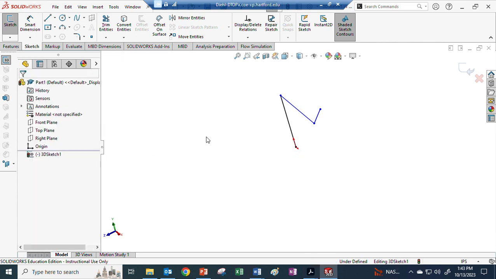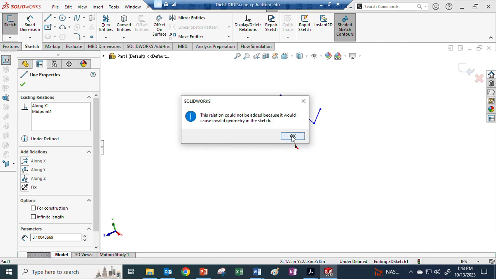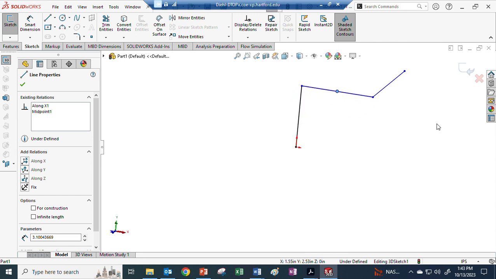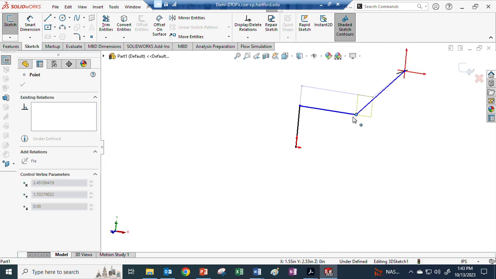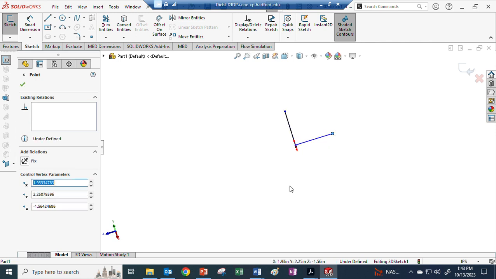I think I need to tell him he's in the X direction. Why won't you do that? I think he's already in the Y direction, and then he needs to be in the Z direction. I think I have the relations turned off right now. I think there's an automatic relation in that. Let me take a look at it. Yeah, it looks right.